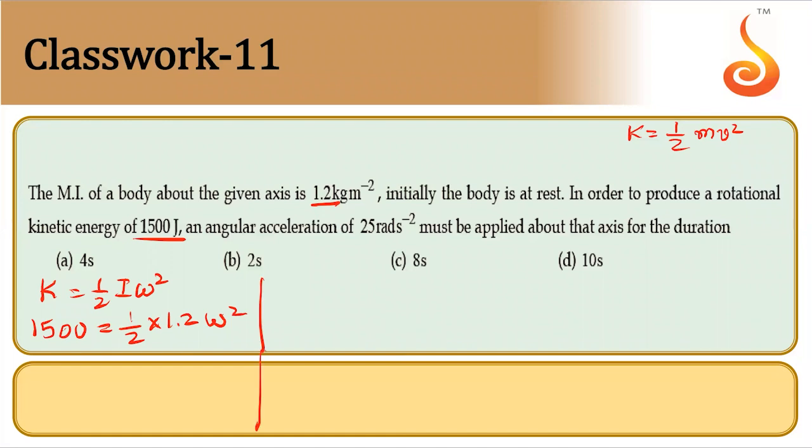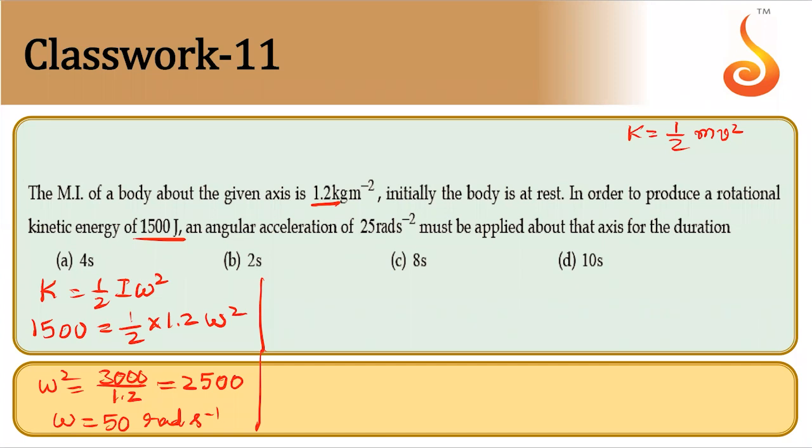So send this to this side. Omega square is 3000 divided by 1.2. That should be 2500. See, 30,000 by 12 is 2500. So omega should be 50 radian per second.